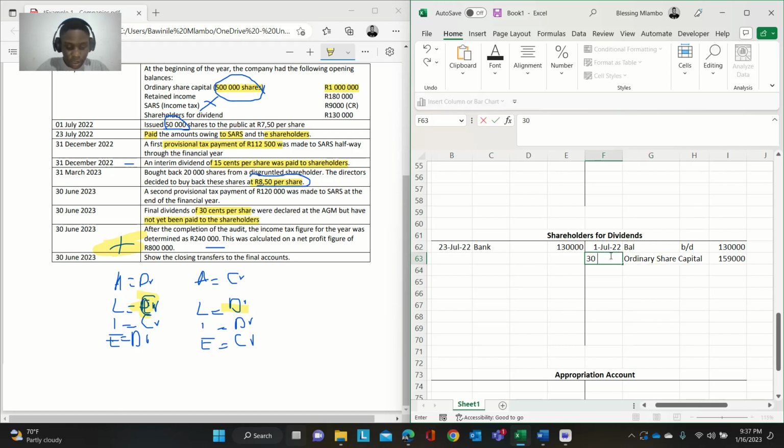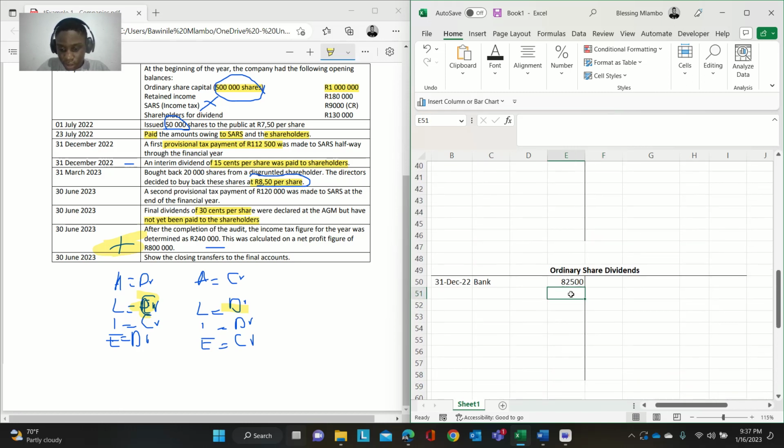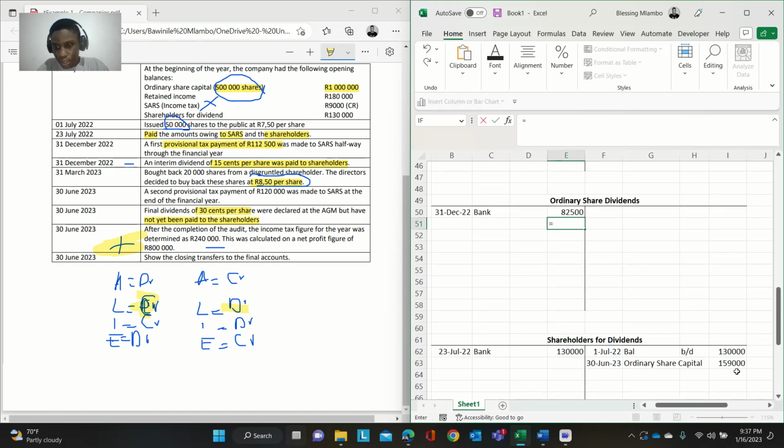So this is on the 30th of June 2023. The account debited is ordinary share dividends, debited by 159,000, and this is from the shareholders for dividends.